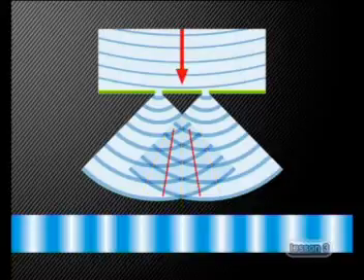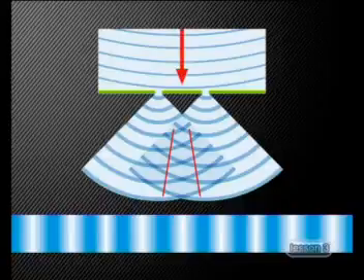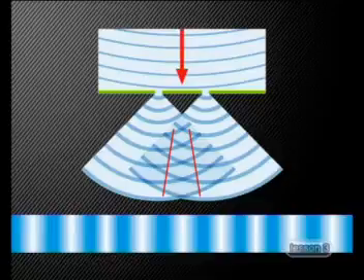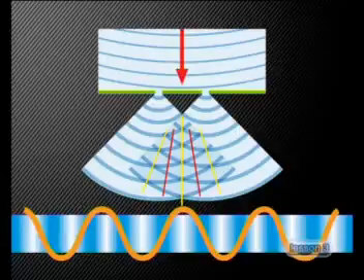There will also be other areas on the screen where the waves are out of phase with each other. In other words, the crest of one wave will coincide exactly with the trough of the other. Here, there will be destructive interference, and we will see a dark patch on the screen. So we should see an evenly spaced interference pattern of bright and dark regions on the screen.